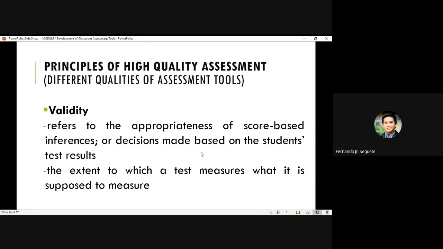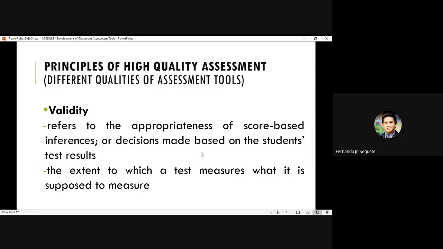Okay? So kailan hindi magiging valid? If the test will not measure what it is supposed to measure. For example, if the topic is all about photosynthesis and then the questions asked are all about cell respiration perhaps.